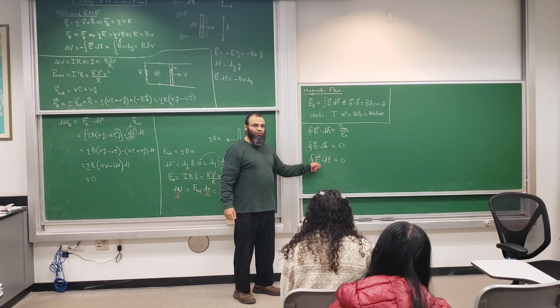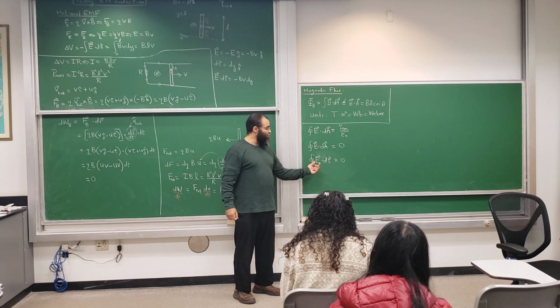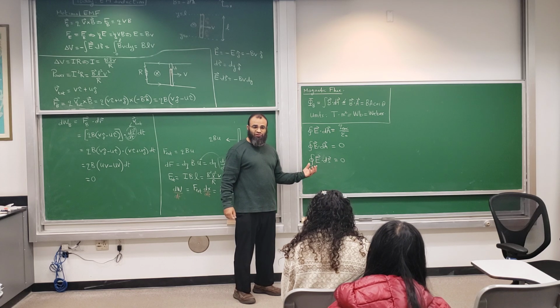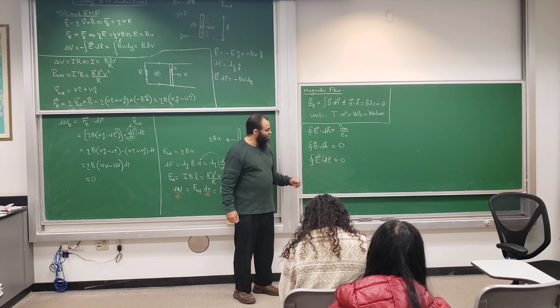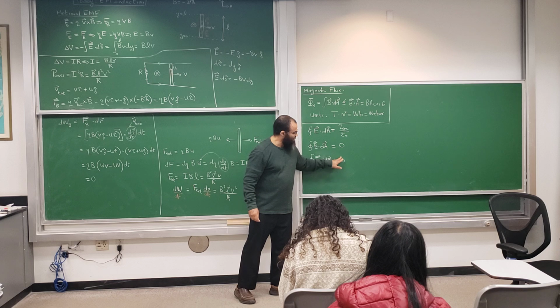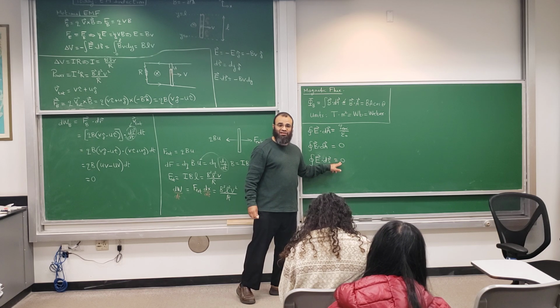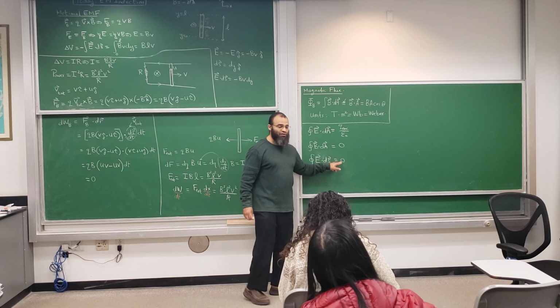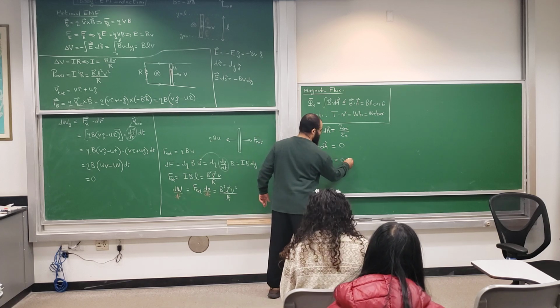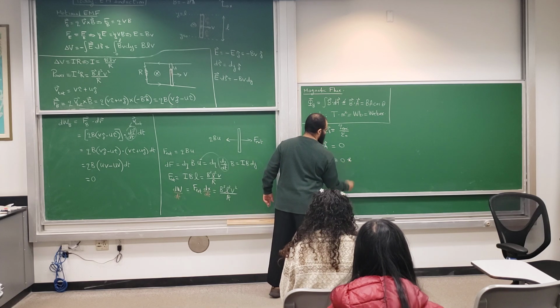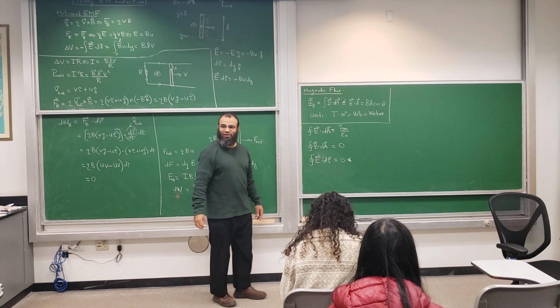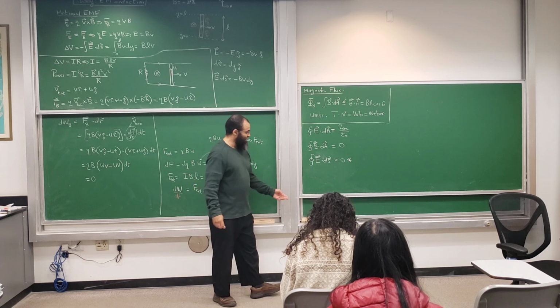But this is only true for electric fields that are due to charges. Today, we're going to learn this will not be the case if we have a changing magnetic field. So this one here, we will change. So I'll put a star next to it because it's going to be changed.